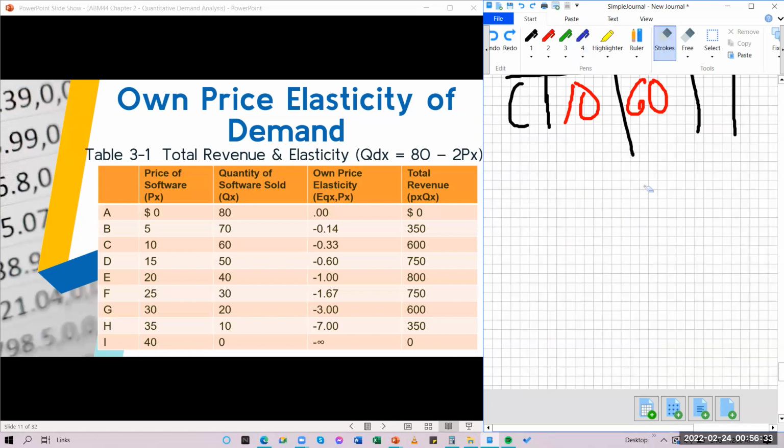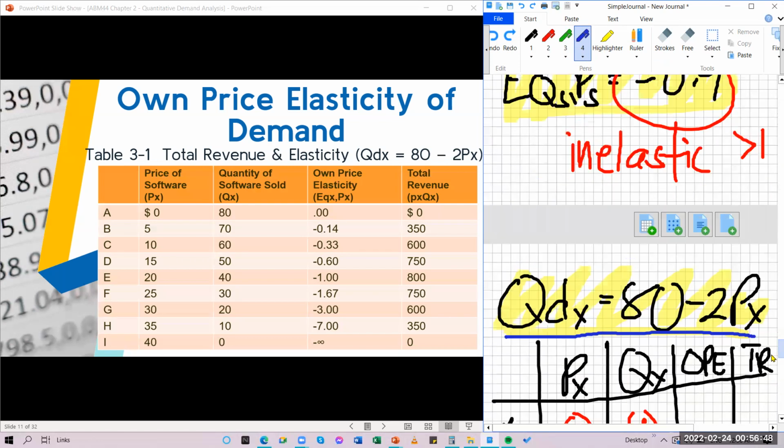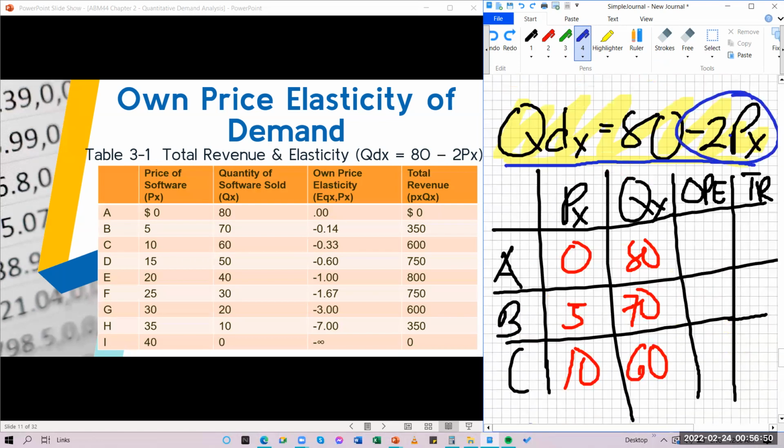So let's solve it here. For the own price elasticity, we have the elasticity of QX and PX. As per our given, as you can see here, it is a negative 2px. So there is only one variable, so we just focus on the negative 2px.